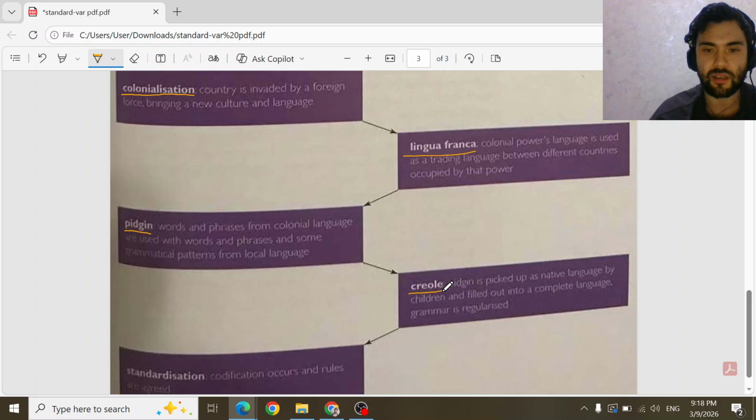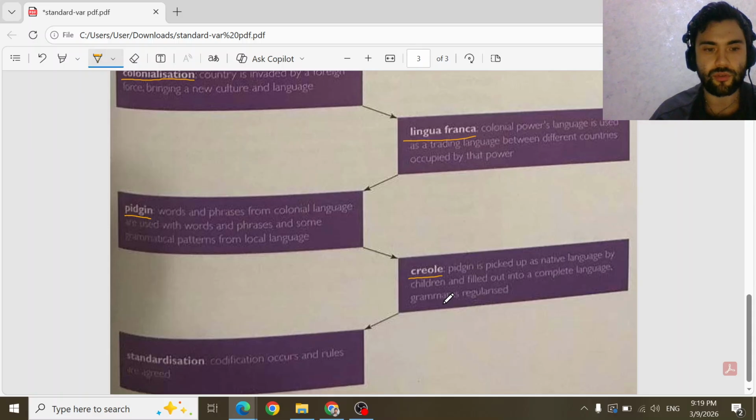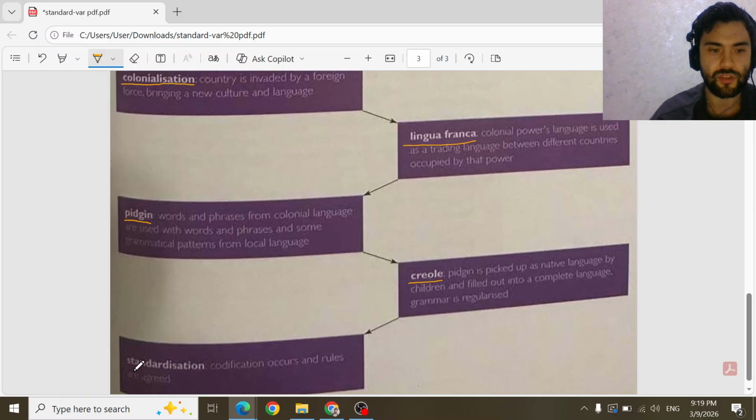Then creole becomes handed over to the generations, may also have literary norms and some written sources, which then becomes a standard. Creole may be a term in itself, so many variations include the word Creole in themselves.